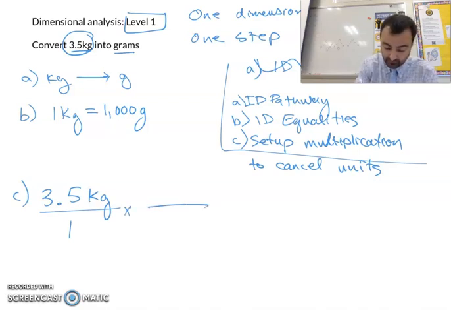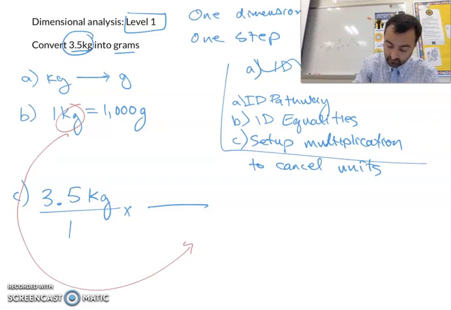If you are starting with this number, 3.5 kilograms, really, dimensional analysis is all about multiplying fractions together. So if you make this number a fraction by putting it over 1, then the other conversion factors that you set up will also make sense. So in our first conversion, we have 3.5 kilograms. We need to switch kilograms into grams. And the way we do that is by setting it so that the units will cancel. So the 1 kilogram has to go on the bottom so that we can eliminate the kilograms.